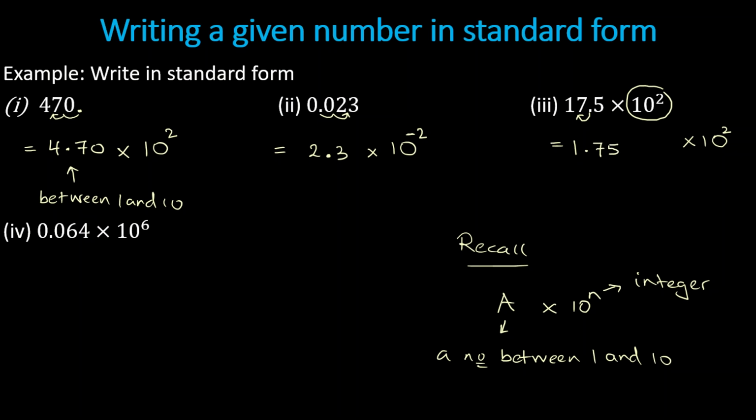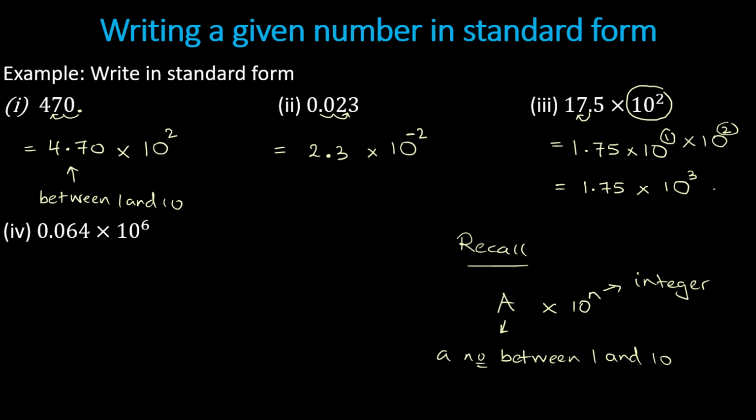It's between 1 and 10. Then times 10 to the power of how many places have we moved? 1 place, in the direction to the left. So it's positive 1. Now all that we have to do is to combine these tens by using multiplication law of indices, right? So we write 10 to the power of 1 plus 2, it is 3.